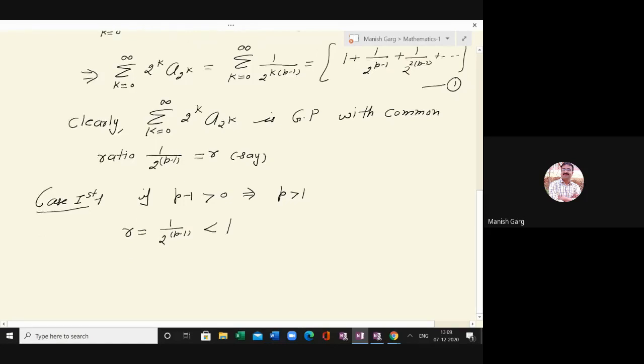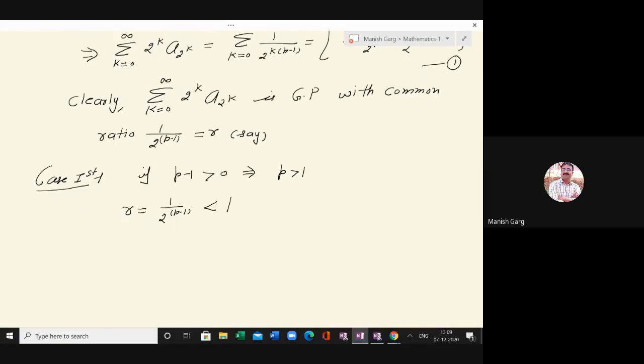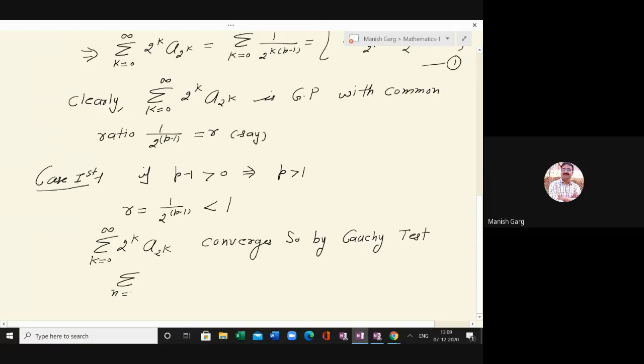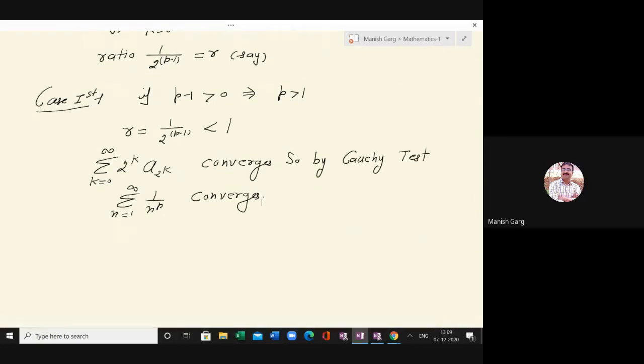So if you have a GP with common ratio less than 1, the series sum k equals 0 to infinity of 2^k a_(2^k) converges. So by the Cauchy test, the series sum n equals 1 to infinity of 1 by n^p converges. It means if p is greater than 1, this converges.